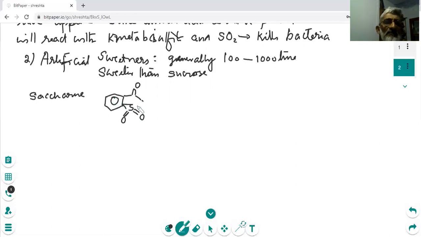Saccharin has one nitrogen. Yeah, that should be the structure of saccharin. It is made from an orthotoluene sulfonic acid derivative.